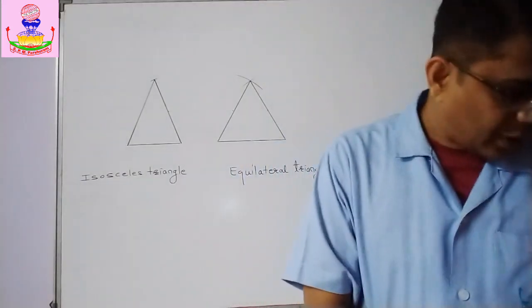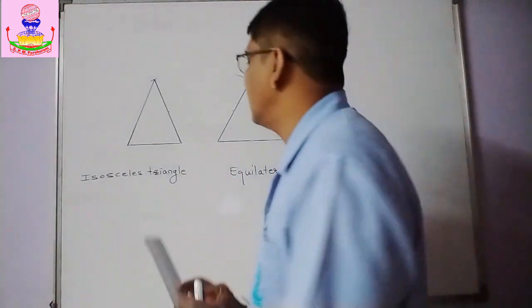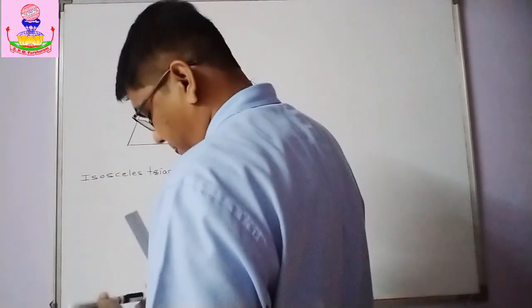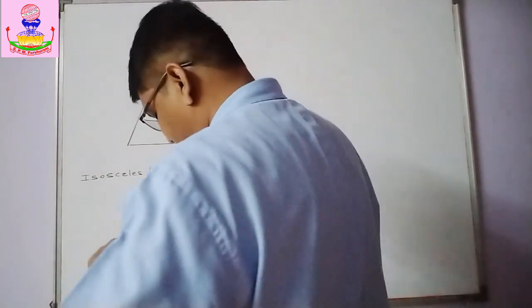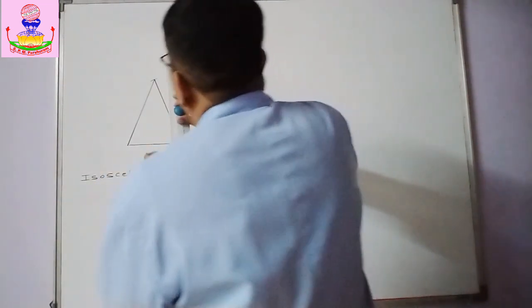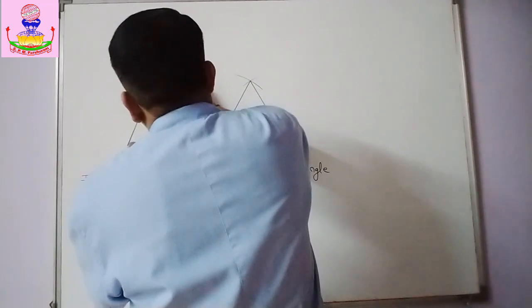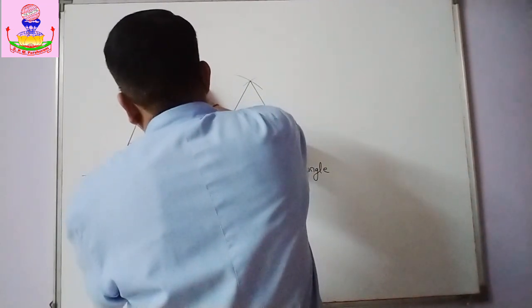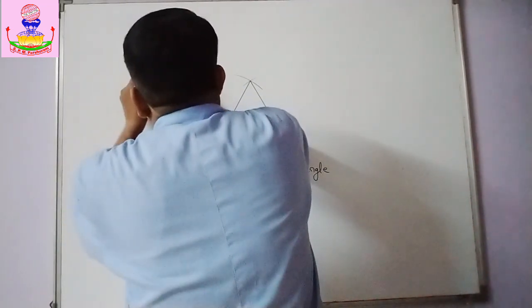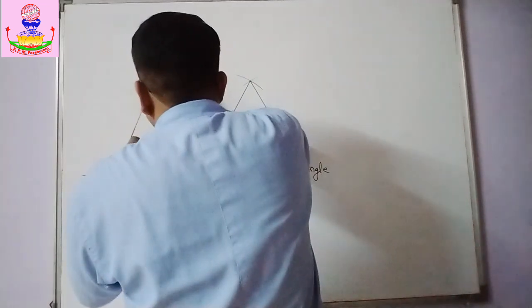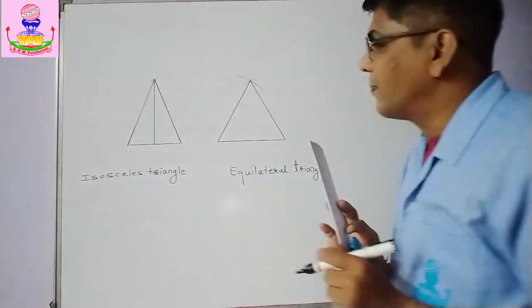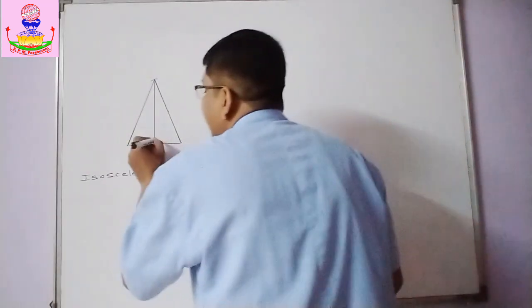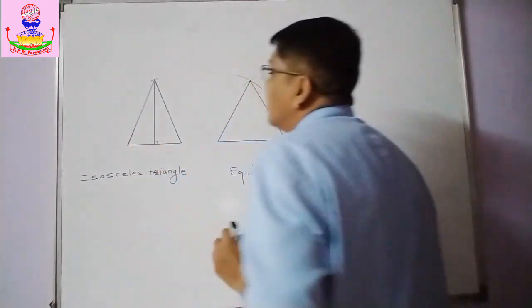Okay. Altitudes. Let us draw the altitudes. Okay, so this is exactly 90 degree.